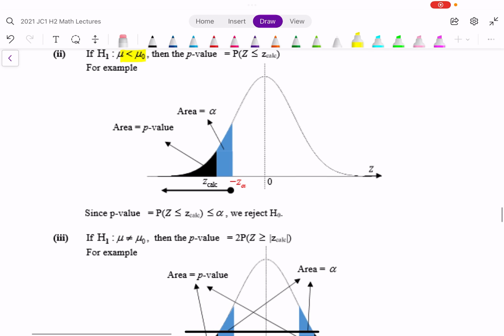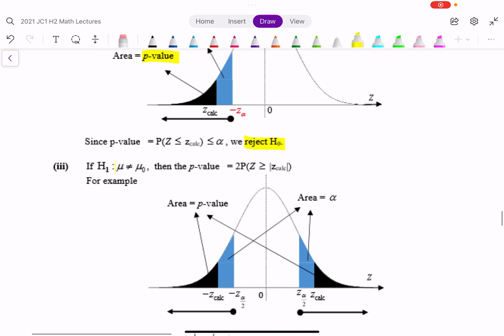Similarly, if I'm doing a left tail test, same idea. If my p-value, which is the black region, is lying inside my critical region, remember that your significance level gives you the critical or rejection region, so of course, if I'm lying inside, I will reject H0. The same goes for a two-tailed test.